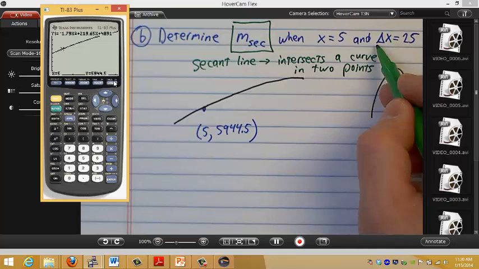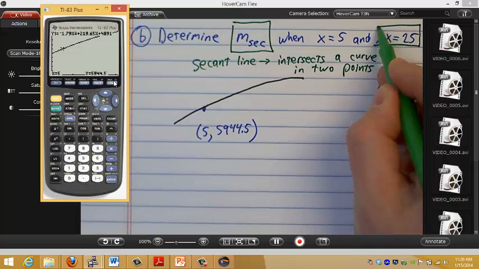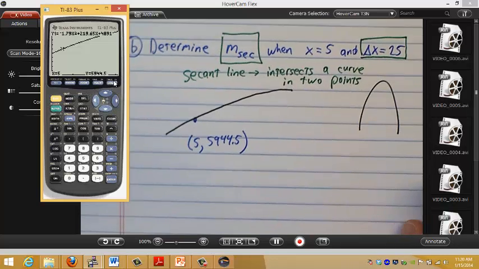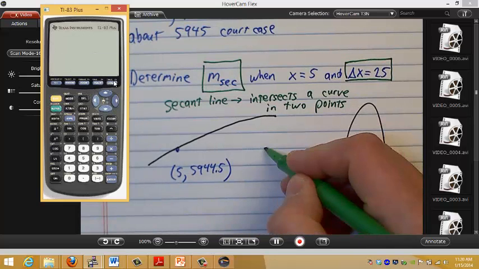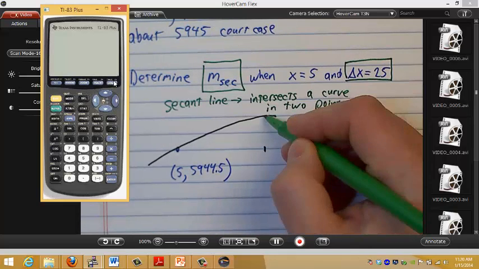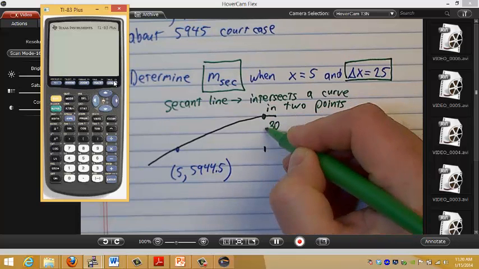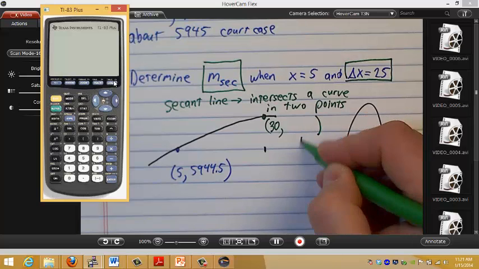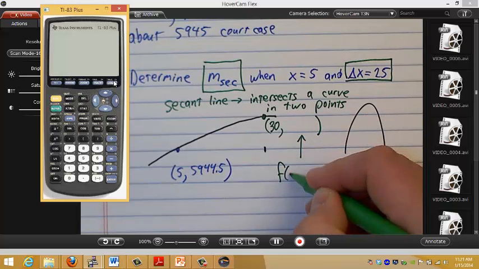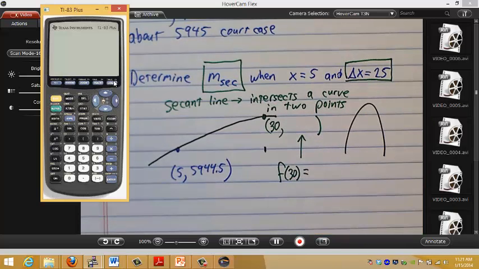Now it says here delta x is 25. Do you guys know what that means? Change in x. For delta x to be 25, if I'm starting at 5, I guess I'm ending up over here at 30. So I guess, for me to really give you the picture, I'd like to compute f of 30. So let me do that. F of 30 is, bless you.